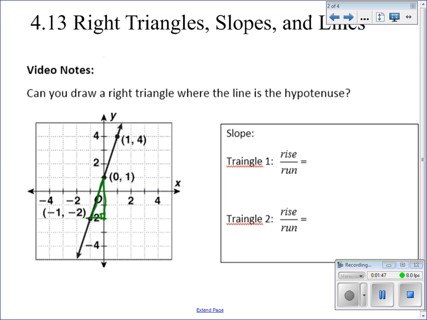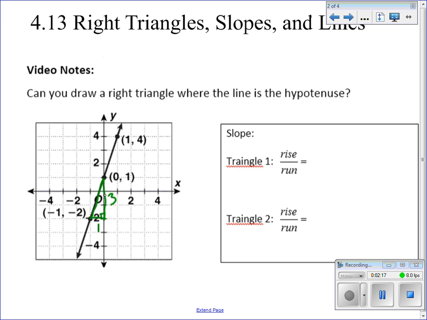Because it forms that 90-degree angle, we're going to now use our side lengths to find our slope. As you can see, going across the bottom here, this is going to be 1. And then how many spaces up are we going? 3. So this right triangle's base is 1, and it's got a height of 3.